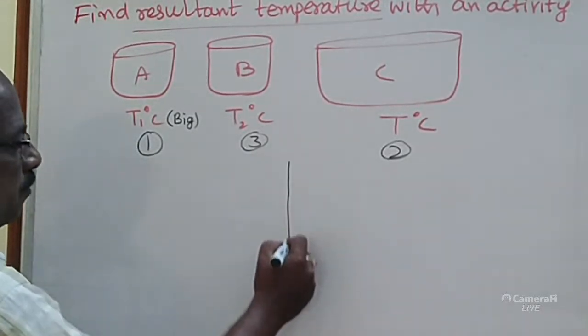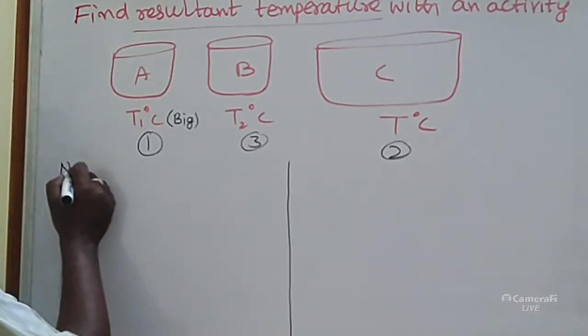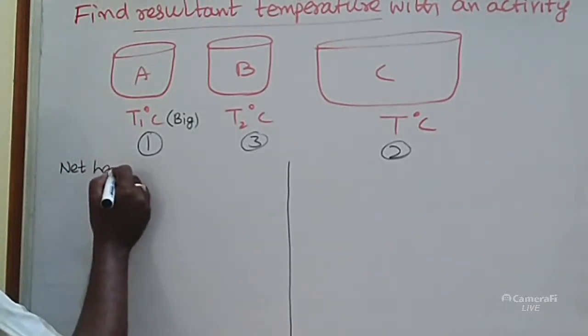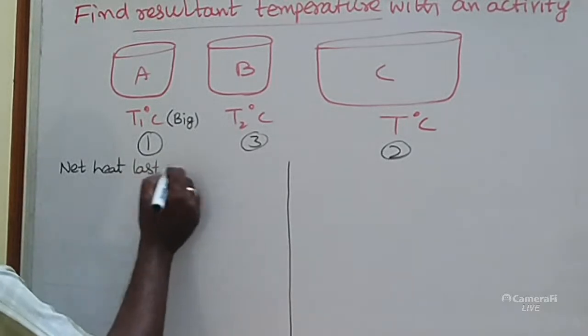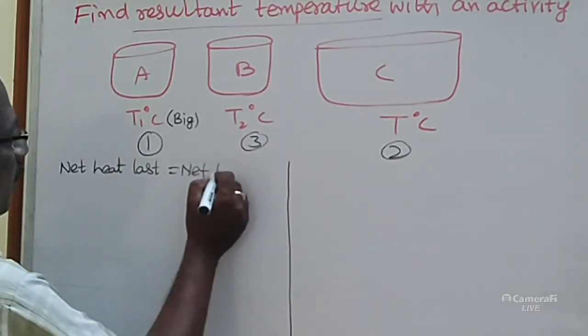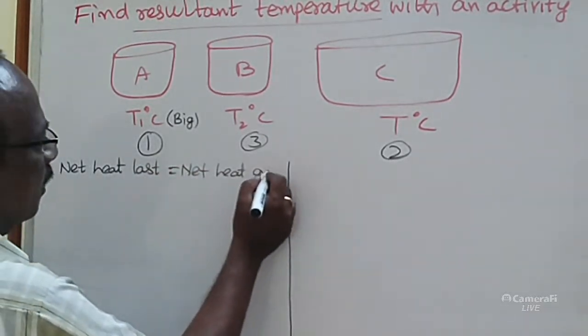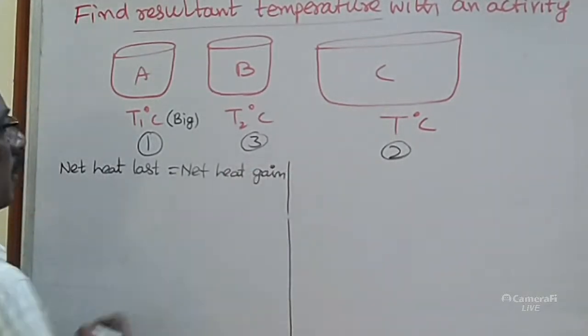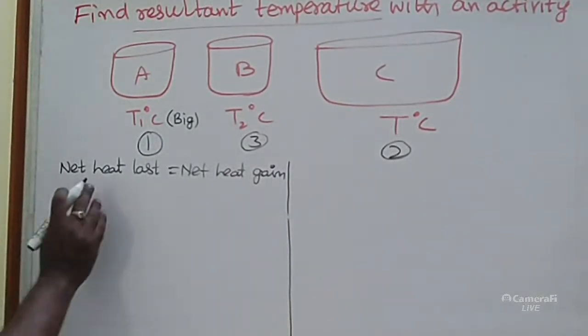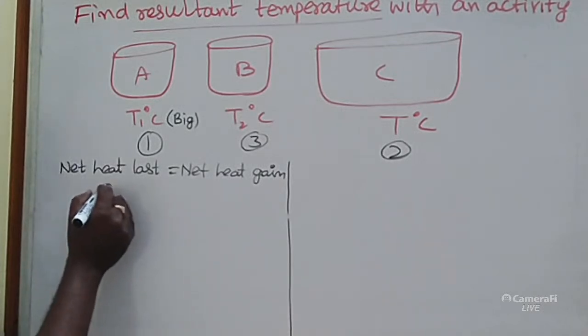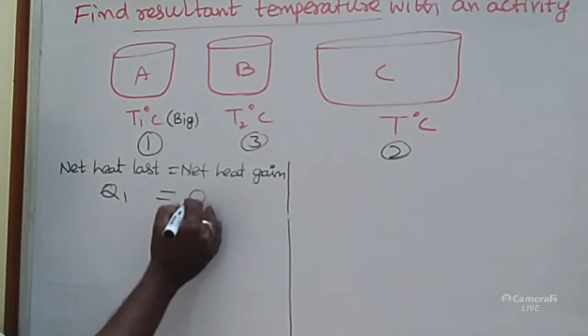So here you can observe, net heat loss equals net heat gain. Net heat loss means Q1 equals Q2.